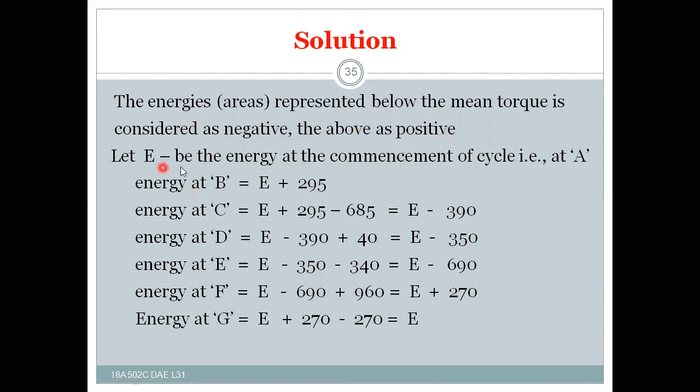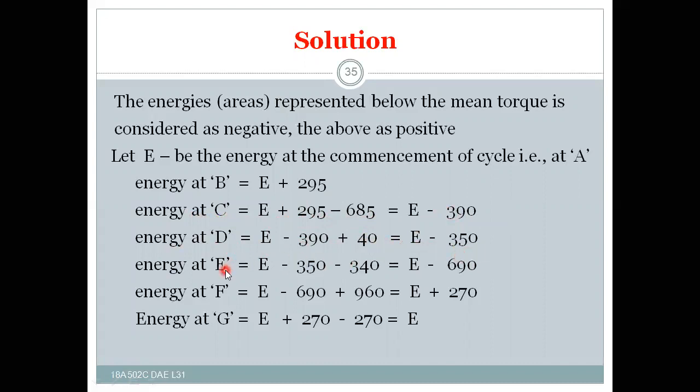So let E be the energy at the commencement of cycle, that is at point A. And at point B, energy at point B is equal to E plus 295, as I told you already. And energy at C is equal to E plus 295 minus 685, that is E minus 390. And energy at D is equal to E minus 390 plus 40, that is E minus 350.